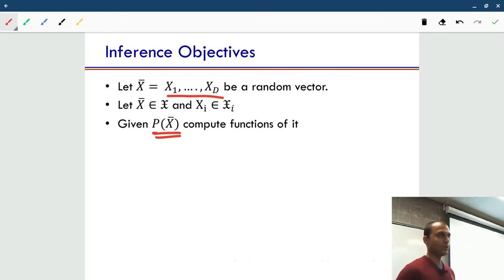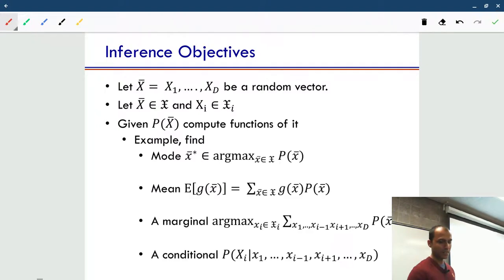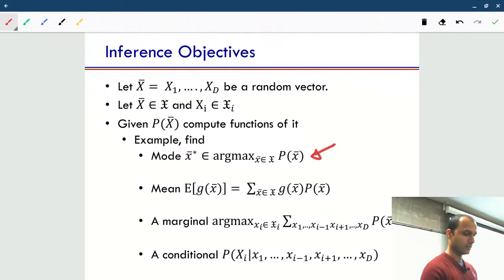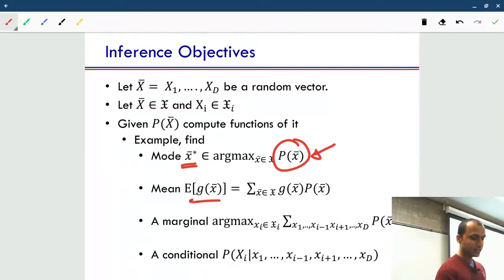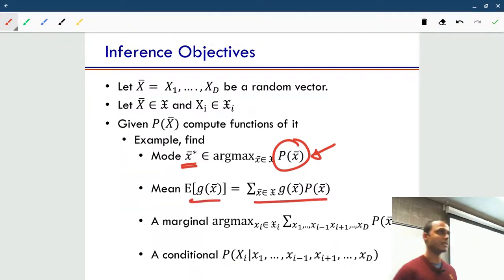Then inference is all about computing functions of it. Things like the mode, which we also sometimes call the likelihood, so you can find the value of the random variable which has the highest probability mass associated with it, or you can compute things like means. It's just a summation, right? Or you can find a marginal.